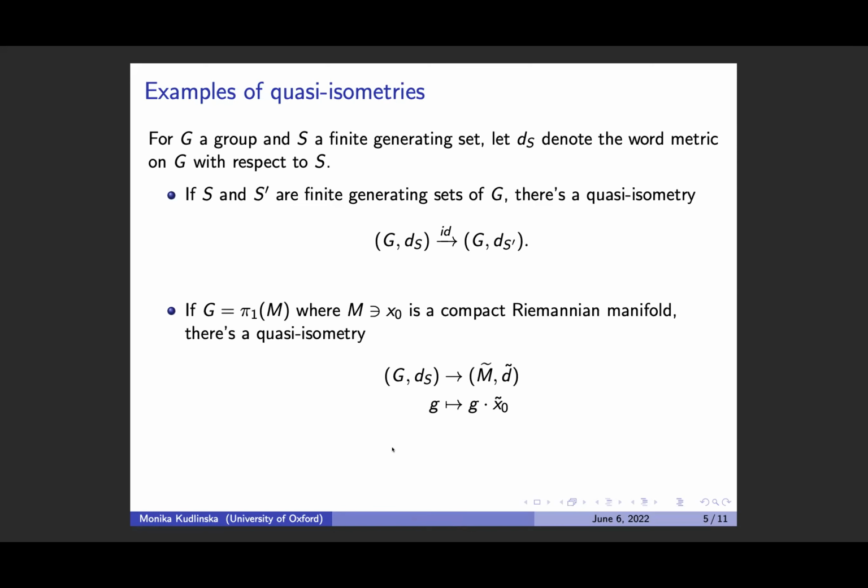I can just choose some base point downstairs, lift it upstairs, and then see how far these elements move this base point from itself. And it turns out that this orbit map is actually also a quasi-isometry if I fix any word metric on G. Here the metric is just the pullback of the Riemannian metric to the universal cover, and M tilde is the universal cover.